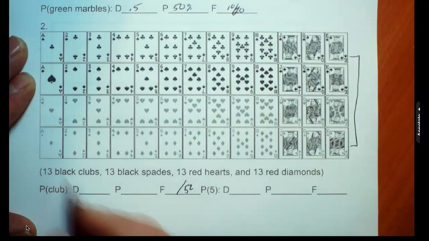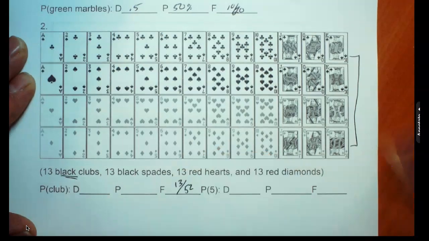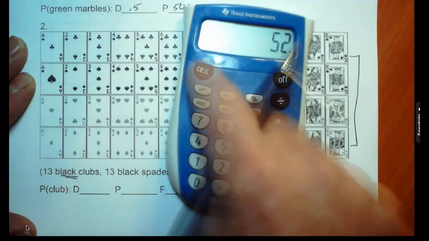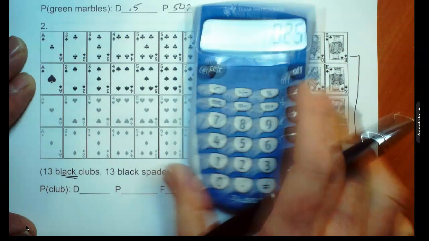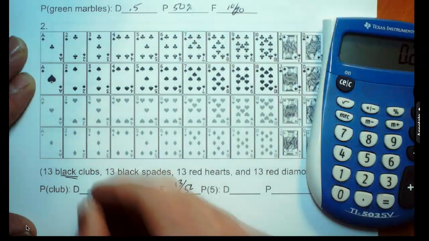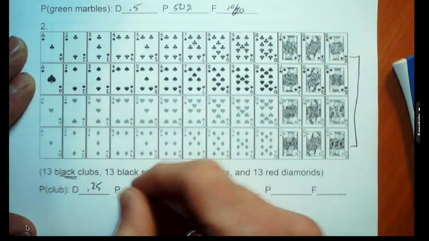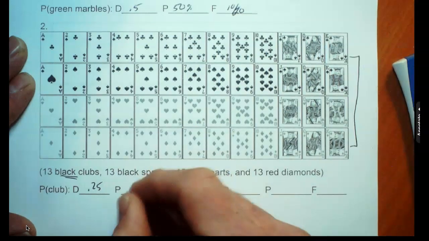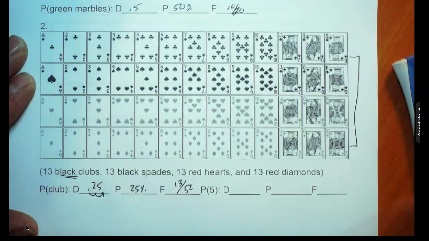The clubs, there are 13 clubs. Now, it's going to be 1/4. You can probably already figure that out, but you can take 13 and divide it by 52, and you will see that you get 0.25, or 1/4. And the percent, of course, then is 25%. Again, remember, just move that decimal 2 places to the right or multiply by 100.